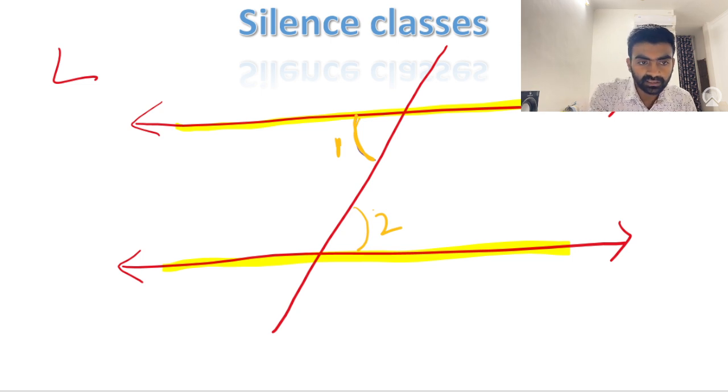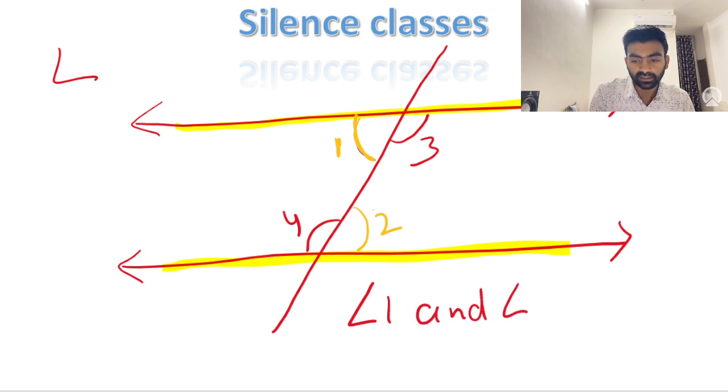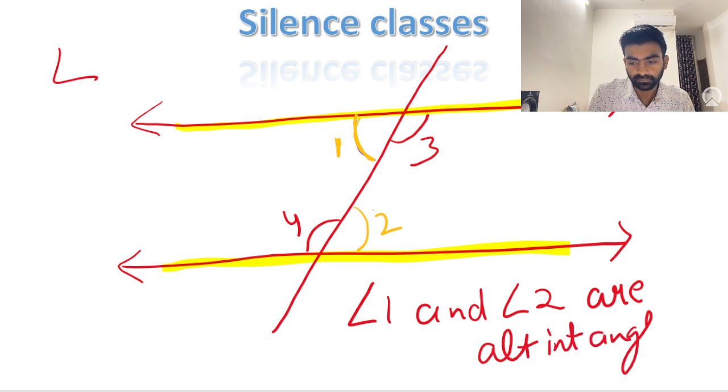I can take angle 3 like this and angle 4. Angle 1 and angle 2 are alternate interior angles. 3 and 4 are alternate interior angles.